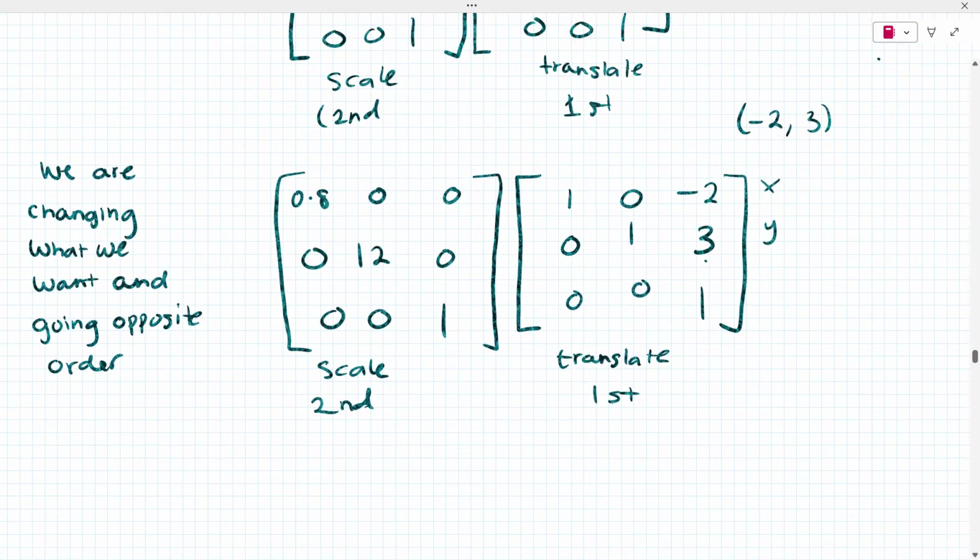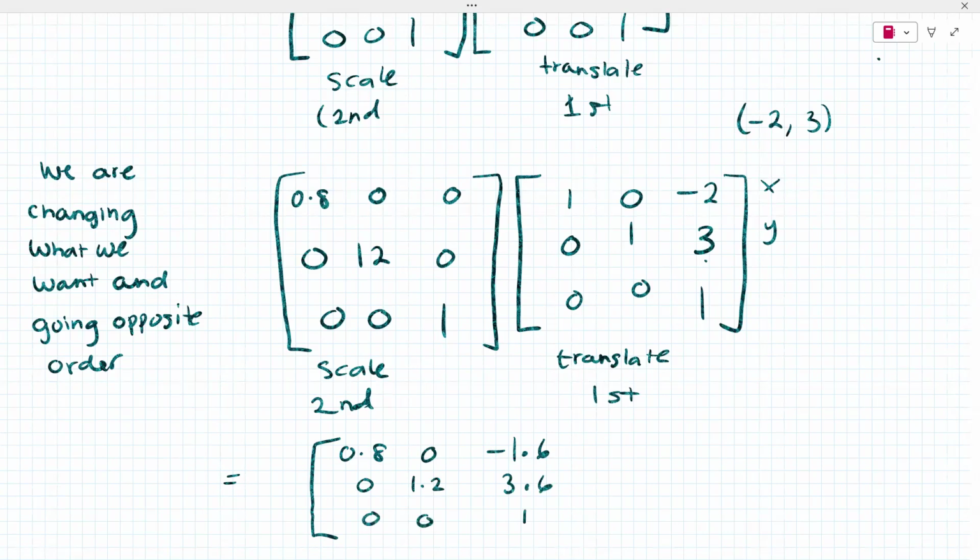When you multiply those two matrices, you get this new matrix: 0.8, 0, -1.6, 0, 1.2, 3.6, 0, 0, 1.